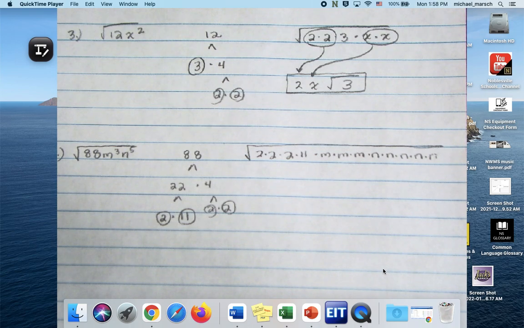Like maybe you're like, I'm going to take out one m, 2 n's, leave the other m and n behind because you know evens and odds and you can pair them up. That's fine. Others of us need to write out the whole thing and circle and do it that way.